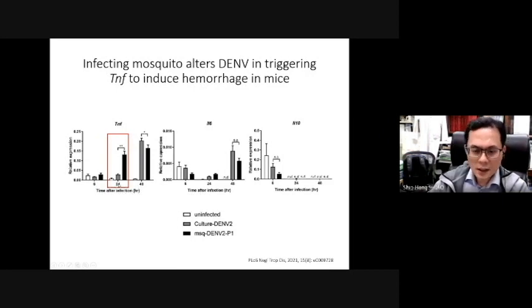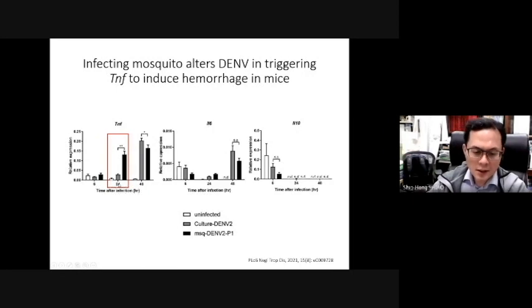So this data indicates that MSQ dengue P1 is more efficient than culture dengue virus in triggering TNF production. This data also demonstrates a correlation between the efficiency of MSQ dengue P1 in inducing TNF production and an enhanced ability to potentiate hemorrhage development.